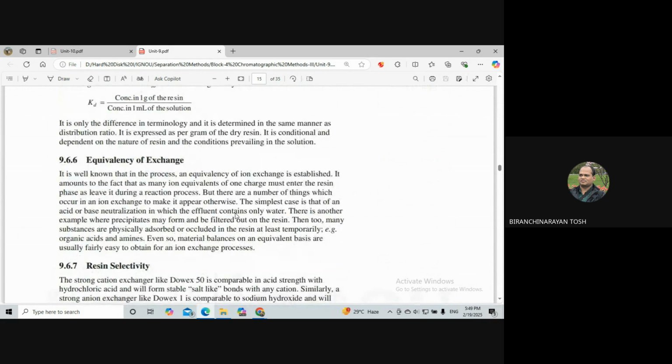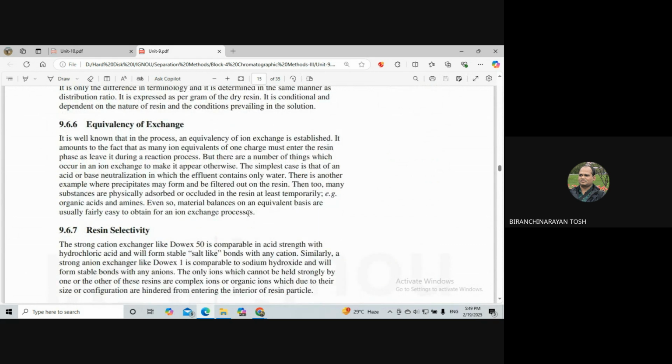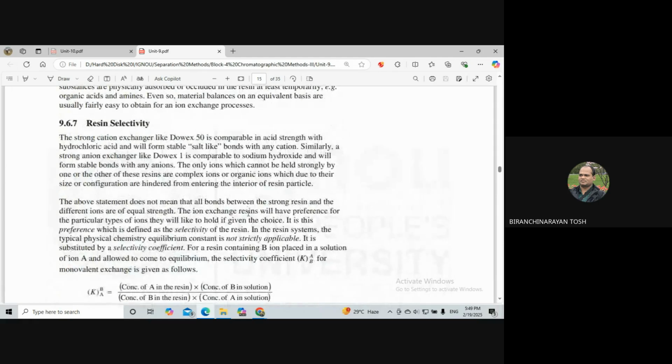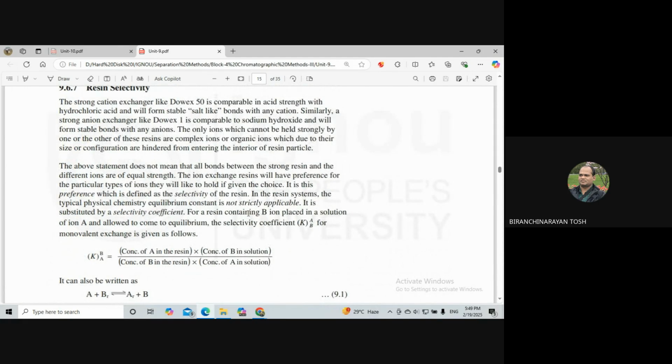Then equivalency of exchange. Then resin selectivity. The strong cation exchangers like DOX50 are comparable in acid strength with hydrochloric acid and will form stable salt-like bonds with any cation.